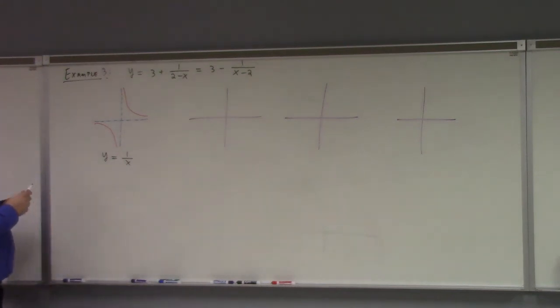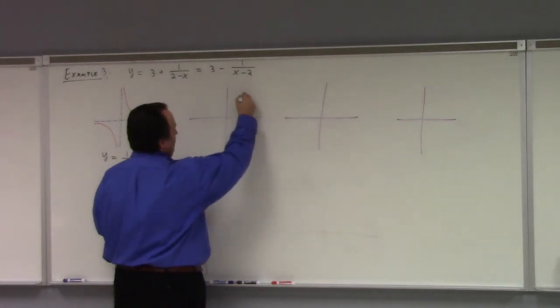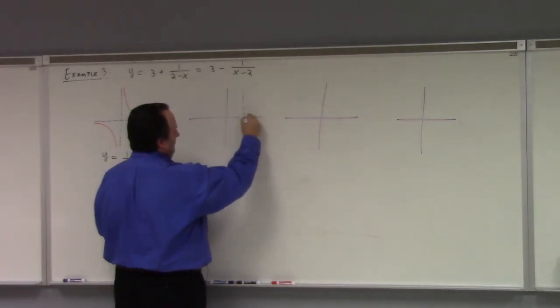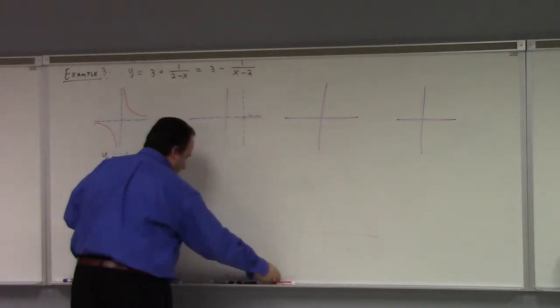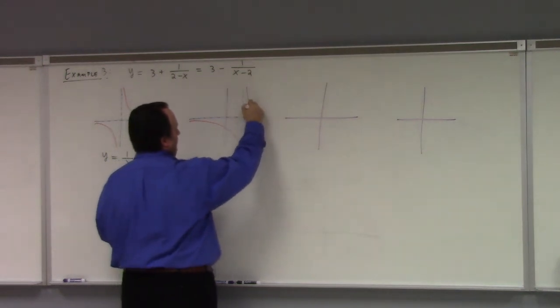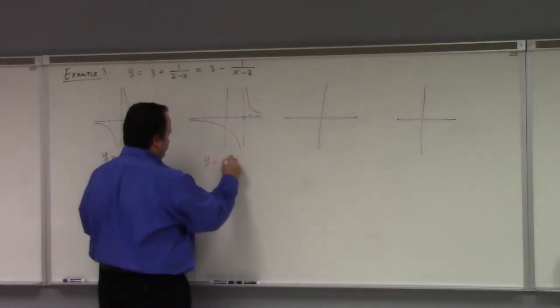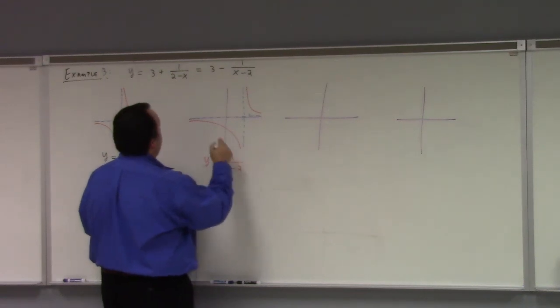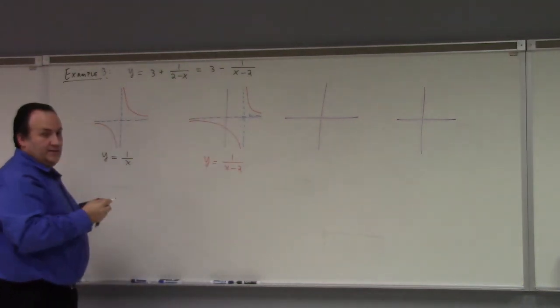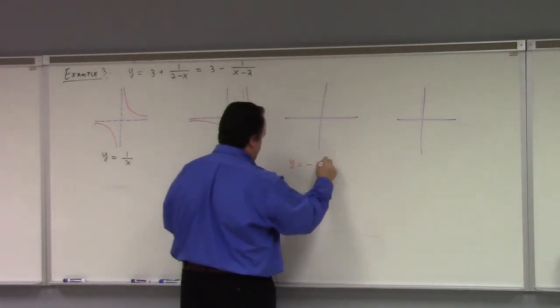My next move is to shift right by 2. When I shift right by 2, my new vertical asymptote is at 2. The horizontal asymptote stays put. And it looks like this. Next up, I want to put a minus out front, right? So I do want y equals minus 1 over x minus 2.